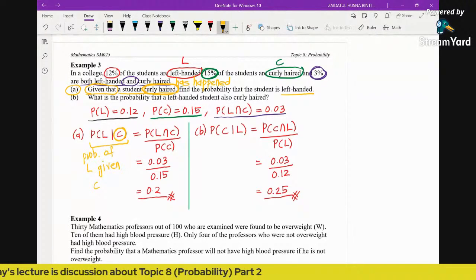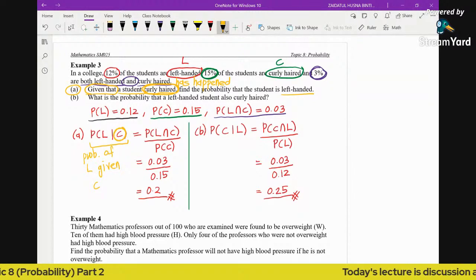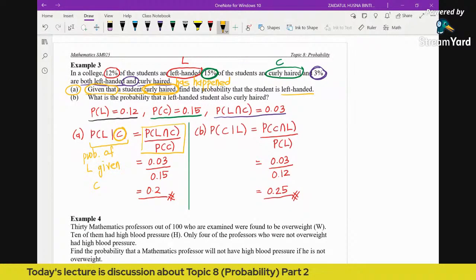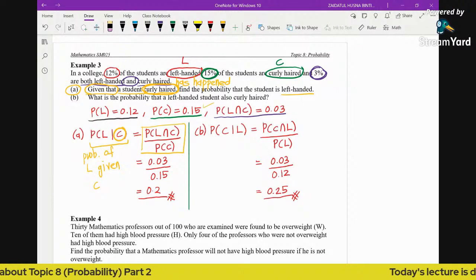So by using the formula, the probability of L given C is equal to the probability of L intersect C divided by the probability of C. Since we can obtain the values directly from the question, this is the probability of C and this is the probability of L intersect C.